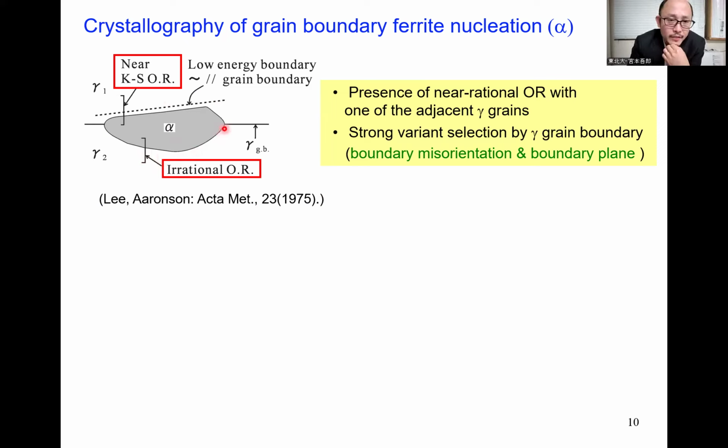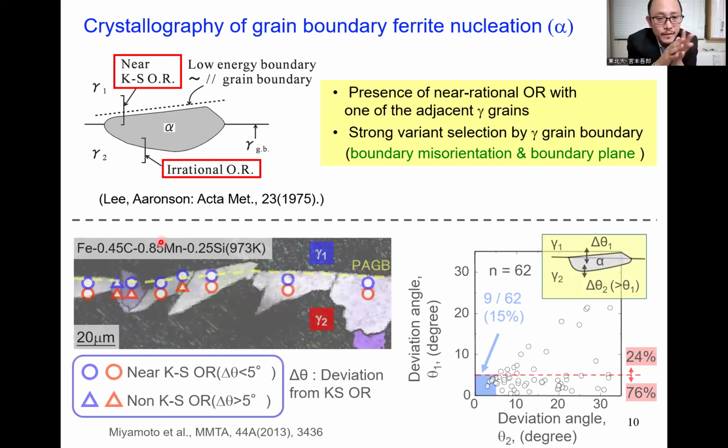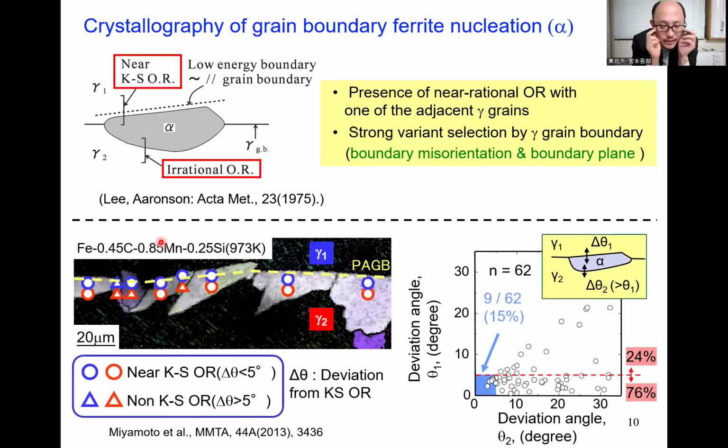But this interfacial energy differs from variant to variant. Therefore, a specific variant tends to be nucleated. So this variant will have relatively low interfacial energy for the opposite side. So this is one example of the orientation relationship analysis of grain boundary ferrite.